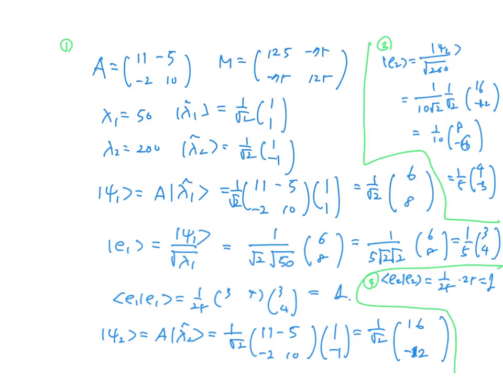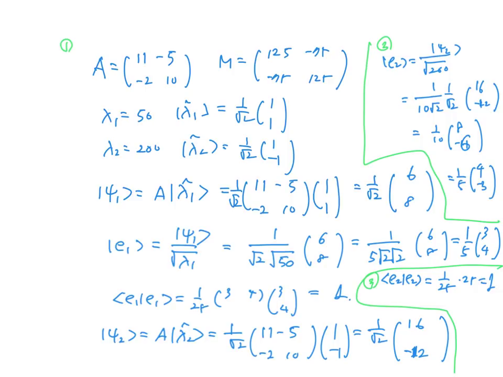So we have lambda 1, lambda 2, E1, E2, very complicated. And we also need to check that this E1, E2 are orthogonal. So E1 was, where was it? 1 over 5, 3, 4. E2 was 4 minus 3.